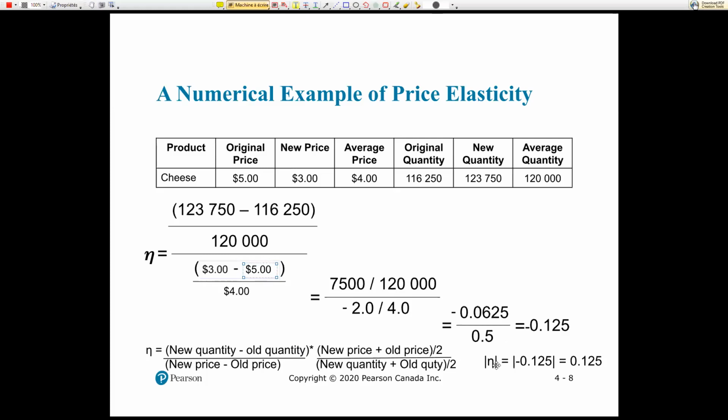Here, the absolute value of minus 0.125. We write it between vertical bars. If the sign is positive, nothing changes, and if there's a minus sign, then the minus disappears. That's the definition of taking the absolute value.